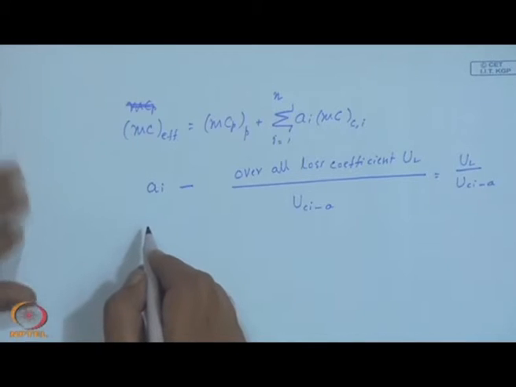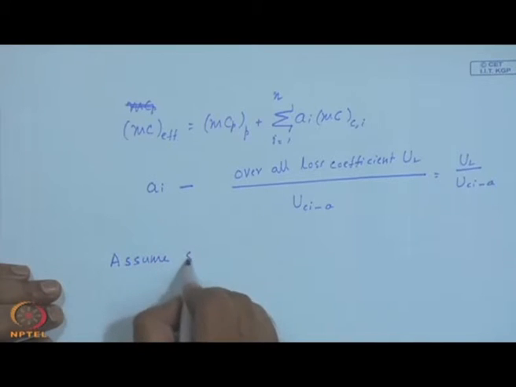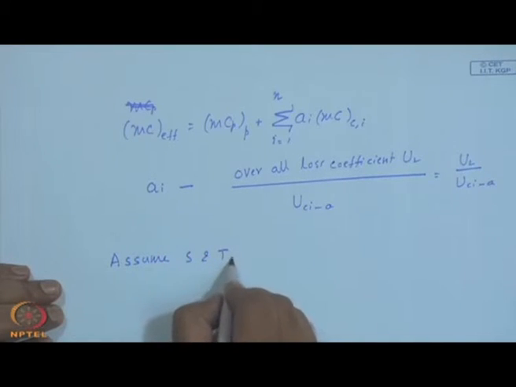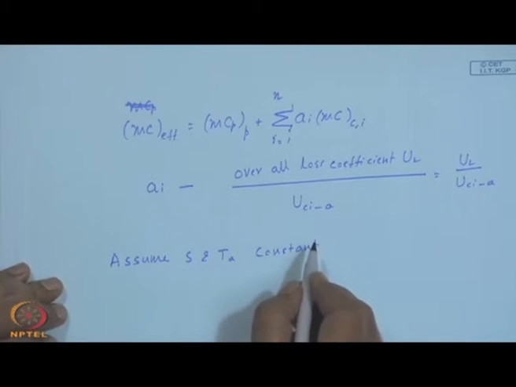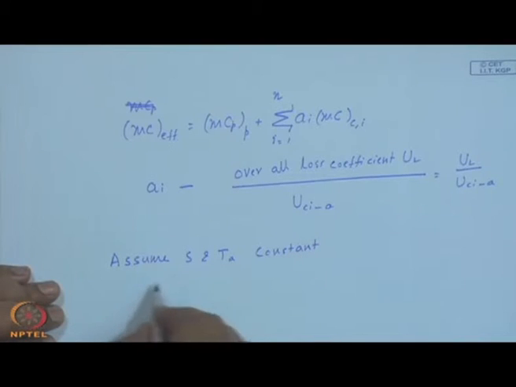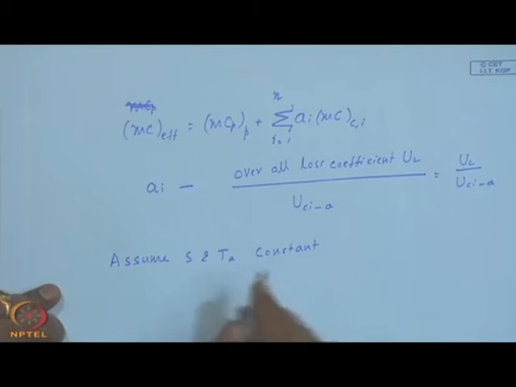Now, the equation is subjected to S and T A assumed constant. This is where again S and T A constant. So, it is a kind of quasi unsteady analysis. S and T A are constant, but because S is falling on the collector, the temperature of the absorber plate and the cover plate will change.